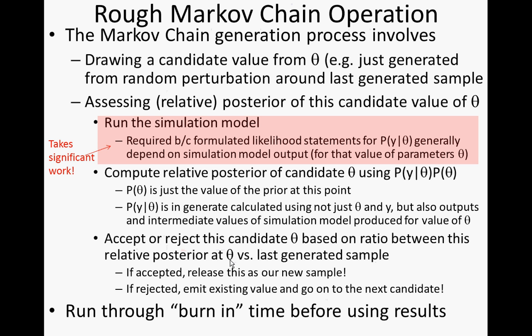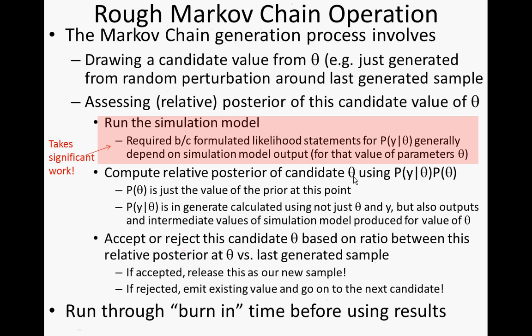So very importantly here, it's important to realize that the greater the value of the relative posterior at this candidate theta, the greater the likelihood we'll accept it and emit that. So if it's a very, very likely point we've arrived at, if the candidate has an extremely high relative value at the posterior, we're much more likely to accept it. So those points will tend to be sampled more, that is, emitted more.